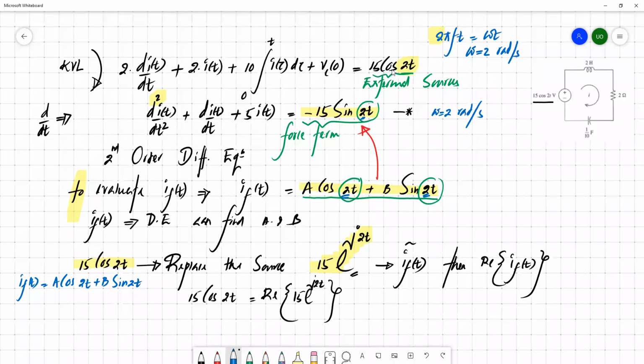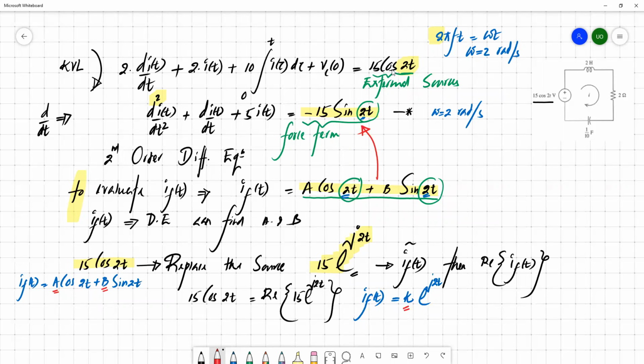But if you have this exponential function as a force term, we can simply use our trial solution as a constant times e to the power j2t. So here you need to find both a and b, but in this case you need to find only this k. Finding two constants is comparably more difficult than finding a single constant.